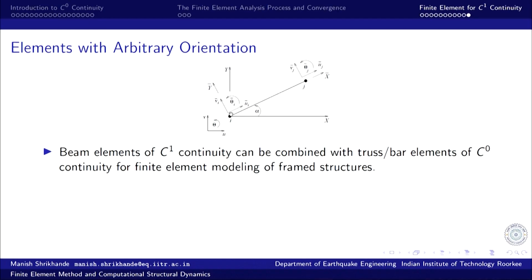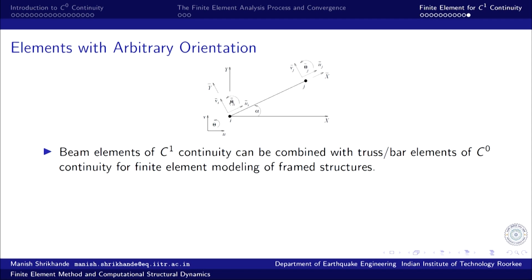For example, the skeletal structure, framed structure, or the framed staging of elevated water tanks, you can see beams interconnecting each other at different elevation, at different orientation. So, we can do the same thing with a similar operation as in the case of arbitrary orientation.